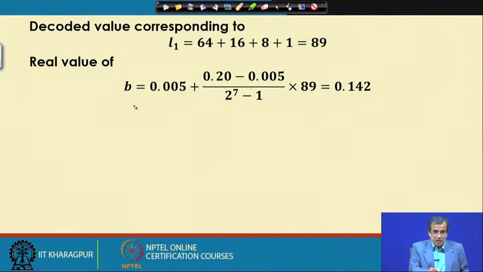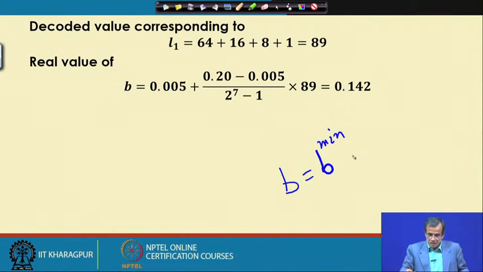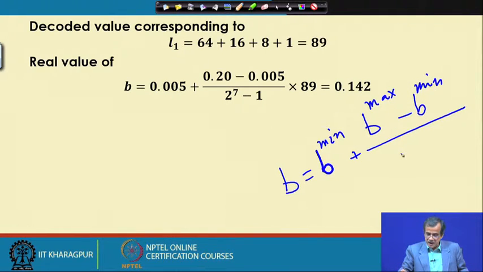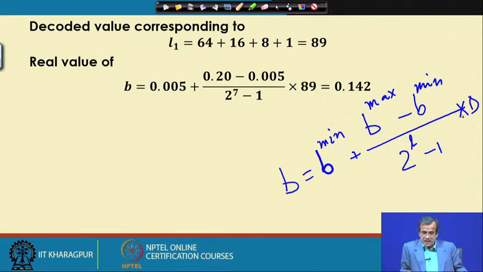Now, the real value of B is given by the linear mapping rule, so let me write it down: B equals B minimum plus (B maximum minus B minimum) divided by 2 raised to the power L minus 1, multiplied by the decoded value. So, this is the rule for the linear mapping.